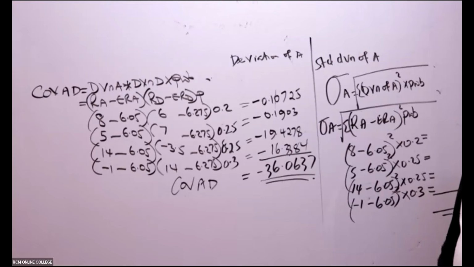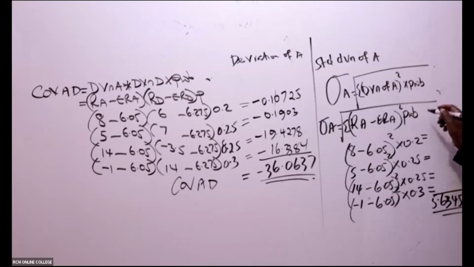So according to Winnie, she's getting 5.6345. Four decimal places to be consistent. So I'm waiting to get what other students are also getting. Grace, yours is quite far. Have you already taken the square root?